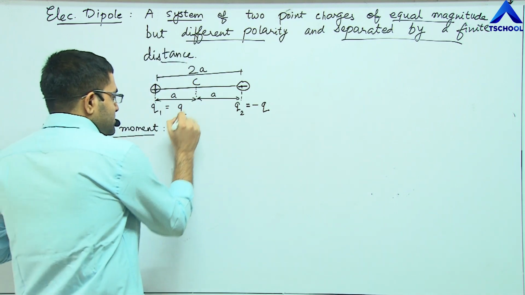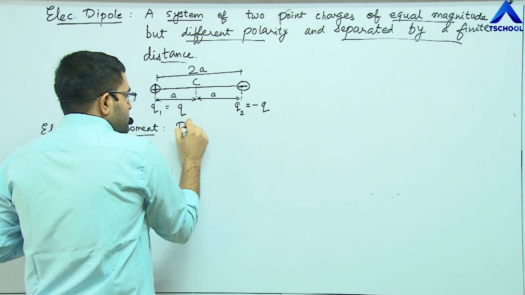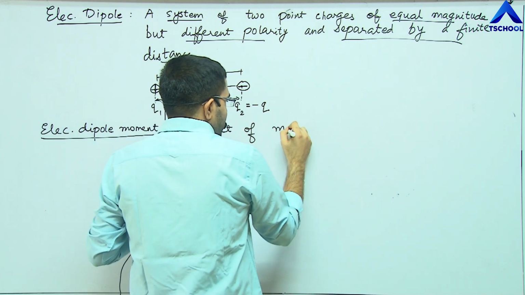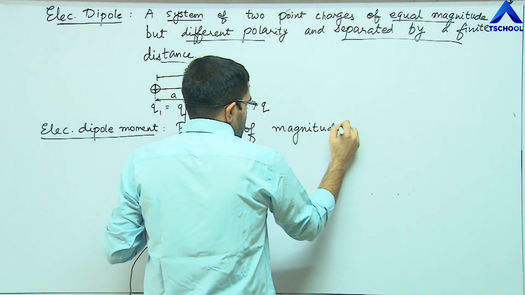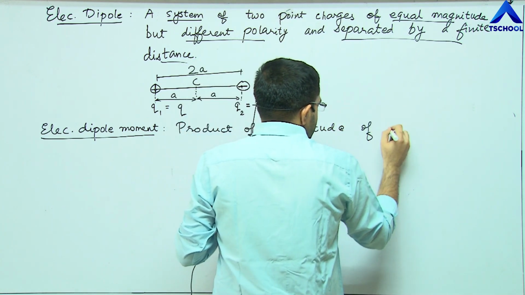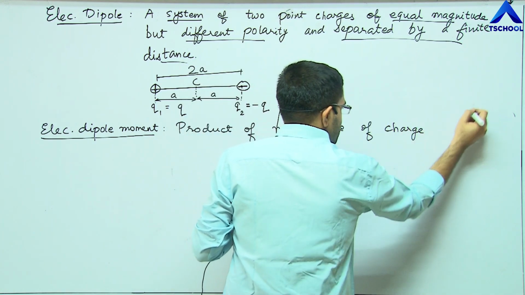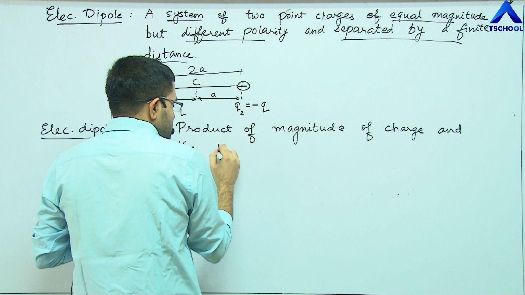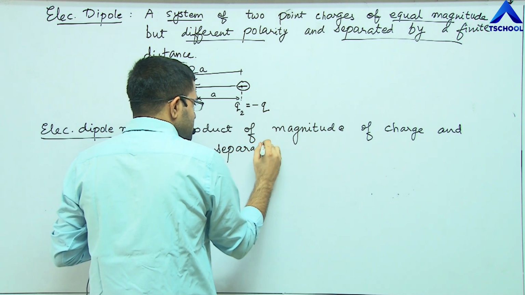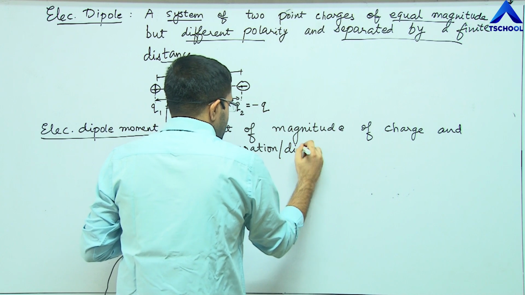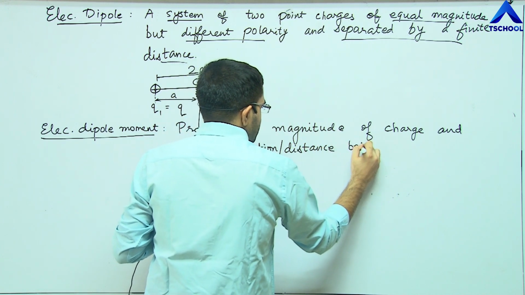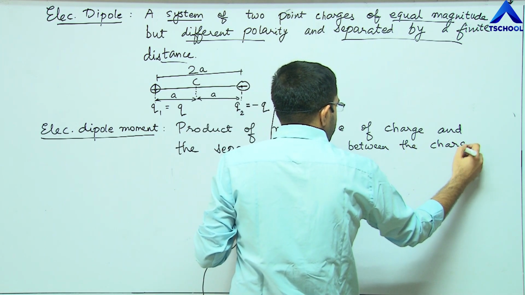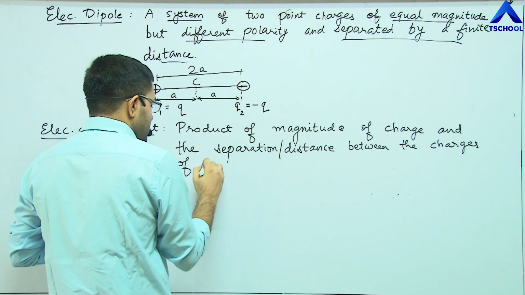Let's see. It is the product of magnitude of charge and the separation or the distance between the charges of dipole.